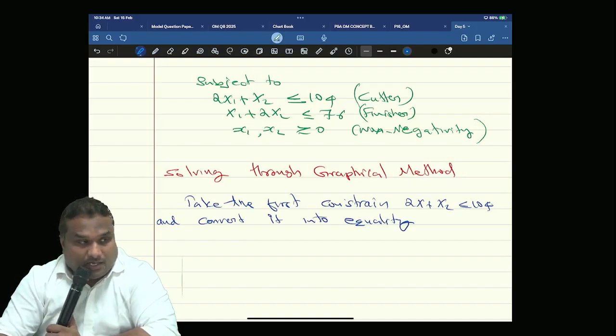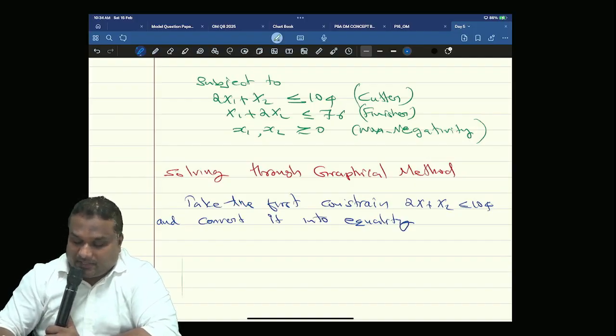Convert it into what? Equality. We have 2x1 plus x2 equal to 104.